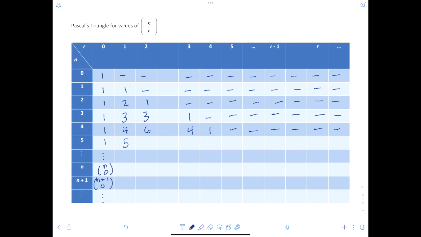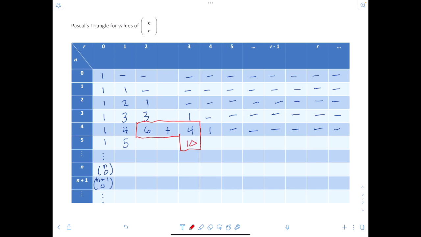Just in case you weren't sure, if you add the terms here, 6 plus 4 is 10.